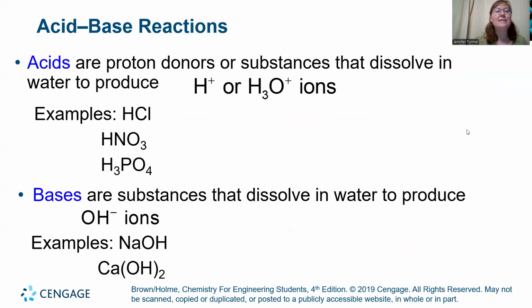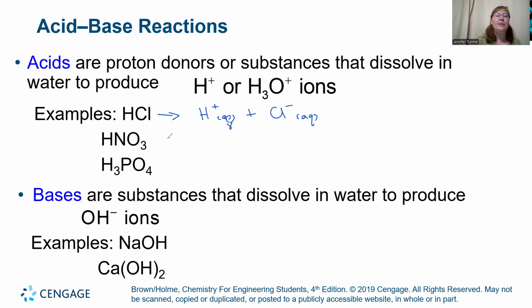All right. Now, acids and bases. Acids are proton donors, or substances that dissolve in water to produce H plus or H3O plus. Some examples of that: first, hydrochloric acid forms H plus and Cl minus.